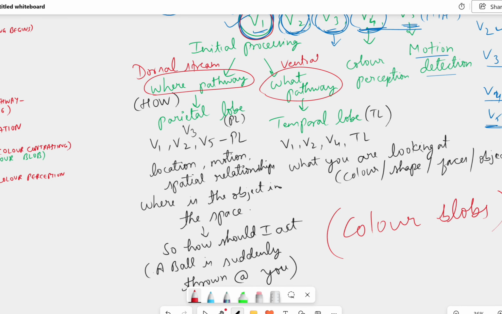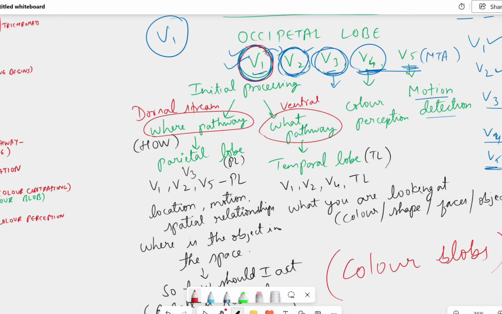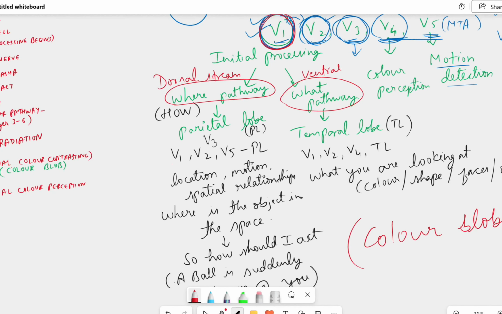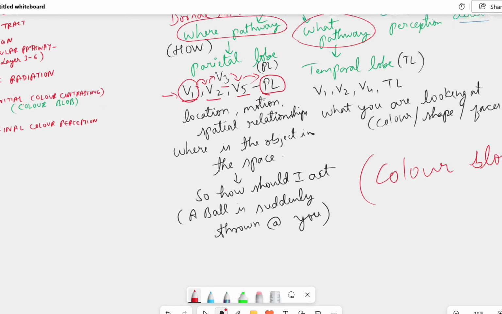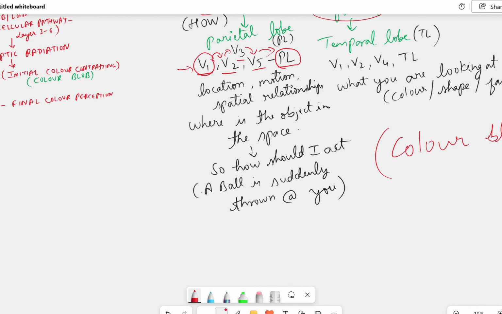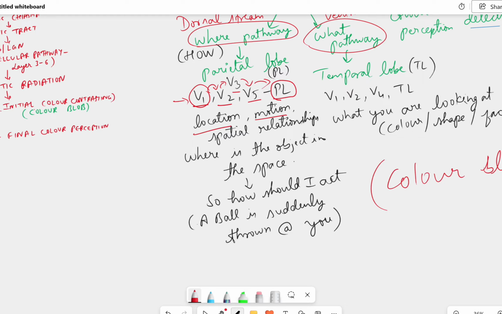But what we need to understand here is that after the initial processing in V1, the information is sent to V2, V3, V5, and goes to the parietal lobe. So remember, in sequential order, from V1 the information will pass on to V2, V3, V5, and then the parietal lobe. This is called the where pathway, and mainly this pathway will process the location and motion of an object, meaning where the object is in space.